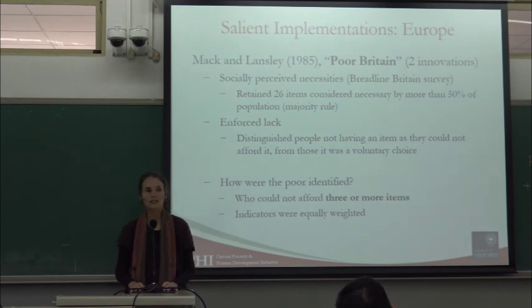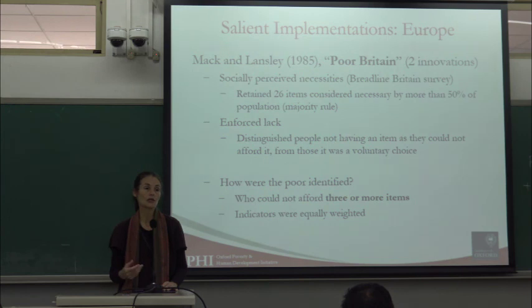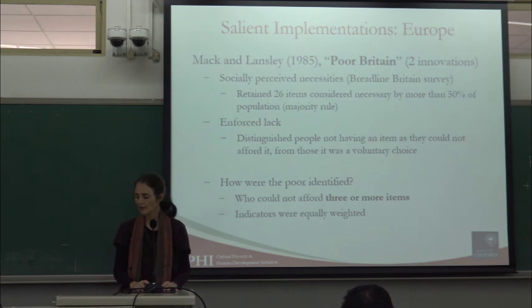And there were 26 items that more than half of their survey respondents considered necessary for a decent life. And then they asked people if they lacked this item, if they lacked it because they didn't want it or because they could not obtain it. And if people lacked something and could not obtain it, then 3 or more of these items, then they were identified as poor. So Mack and Lansley, 1985, clearly did a counting-based measure.